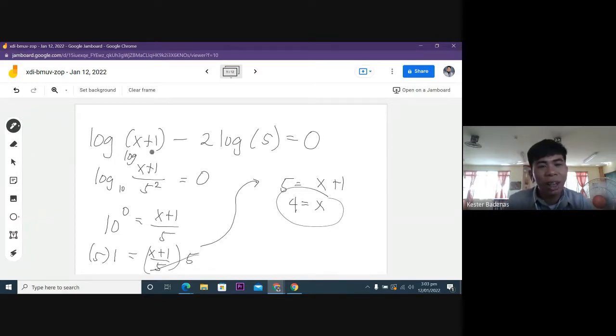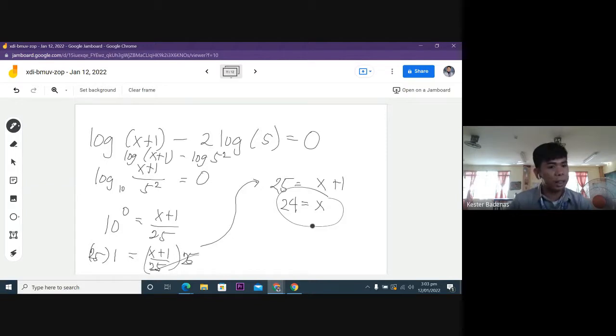So, we have logarithm of x plus 1 minus logarithm of 5 squared, so which is 25. So, multiply both sides by 25. Ayan. So, 25. So, 24. Buti na lang. Sorry. Wait lang, class. Pati ng ilong ko. Ayan.